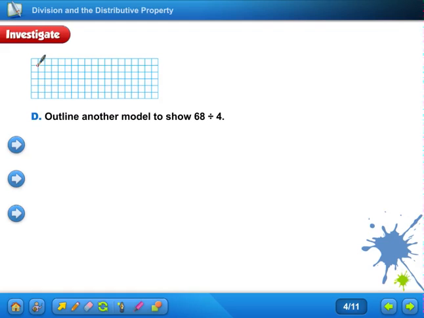I'm going to go 4 down and fill up until I get to 68.